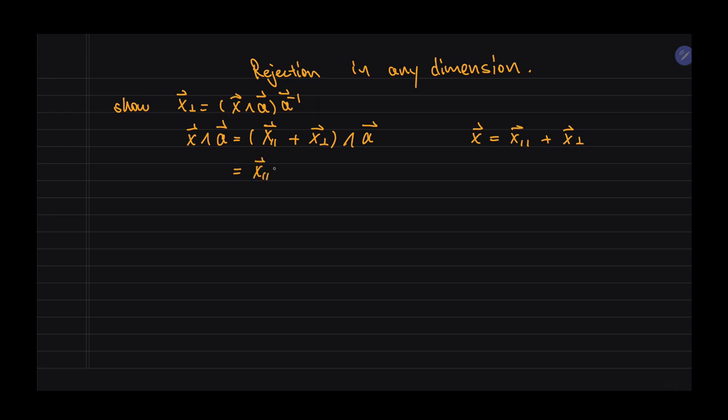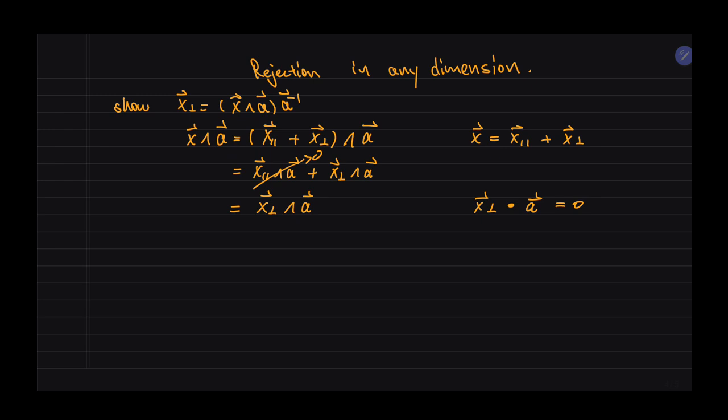It will be equal to x parallel wedge a plus x perpendicular wedge a, and we know that the first is 0, so it will be equal to x perpendicular wedge vector a. And we also know that x perpendicular dot product with vector a is equal to 0 since they are orthogonal.